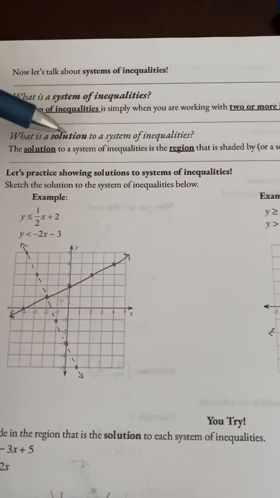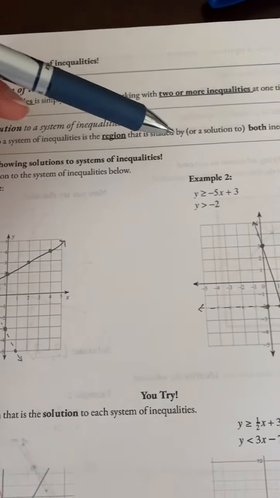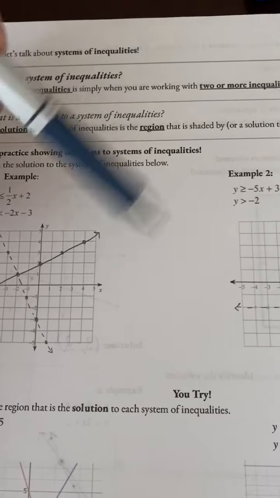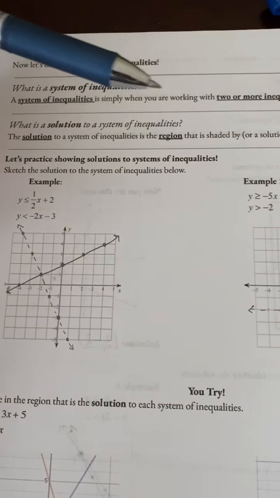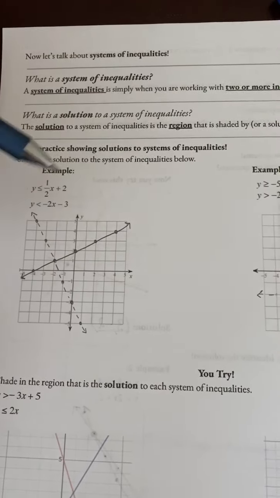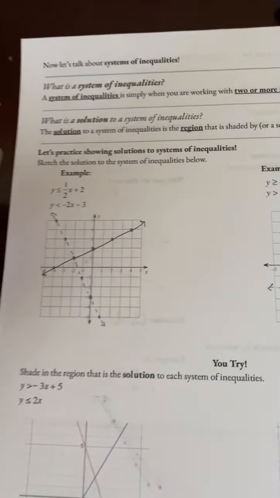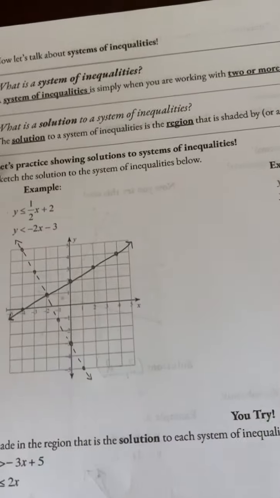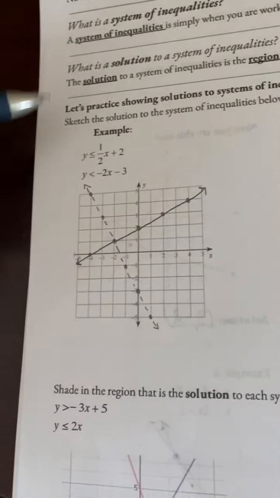A solution to a system of inequalities is the region that is shaded by both of the inequalities. Before we were shading certain regions, and that was the solution. Now the solution to a system of inequalities is just the section that is shaded by both of the individual inequalities. So we want to practice sketching or showing the solutions to systems of inequalities.